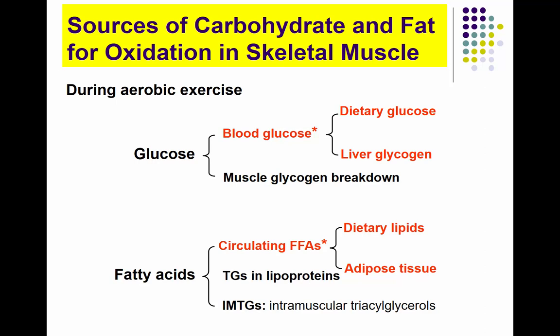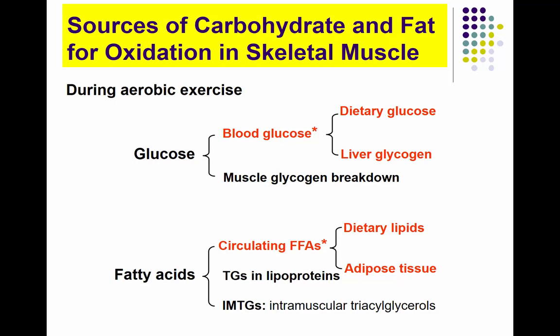And glucose basically has two different sources. One is blood glucose, right? The blood glucose basically comes from diet or from glycogen breakdown. And the other source of glucose is muscle glycogen breakdown, right? So again, muscle glycogen breakdown is the most important source of glucose for aerobic exercise.